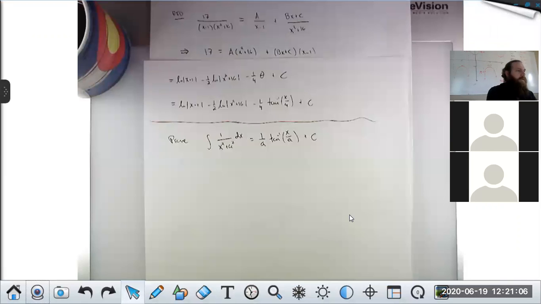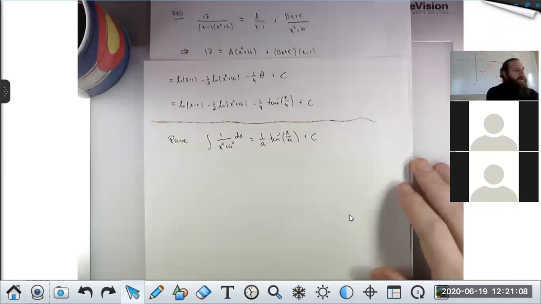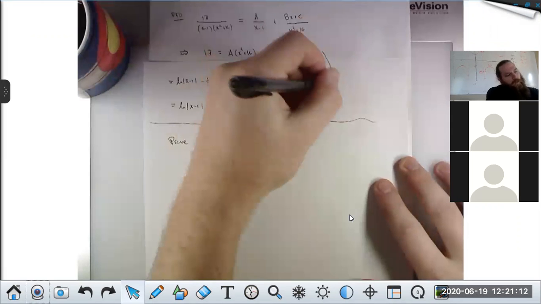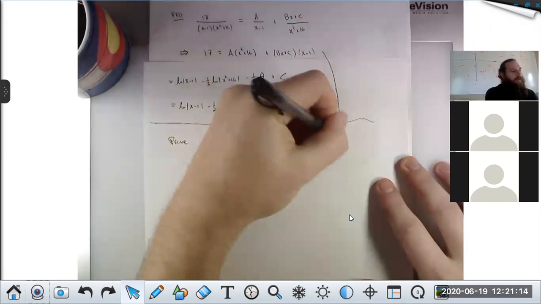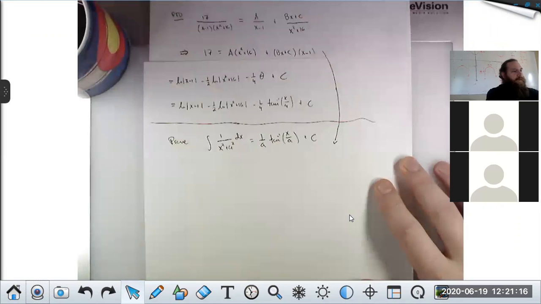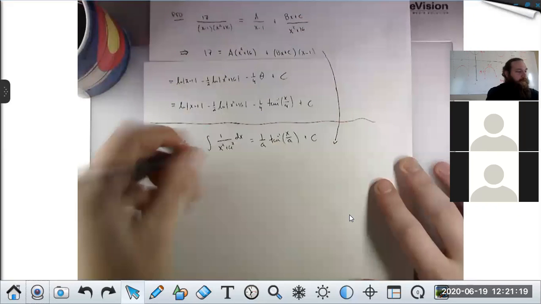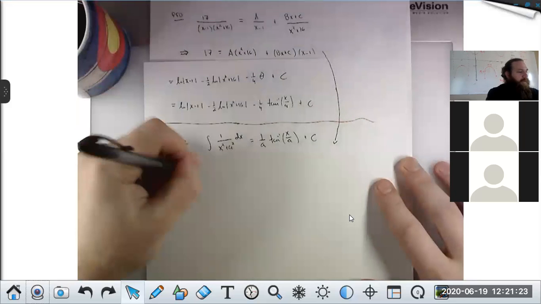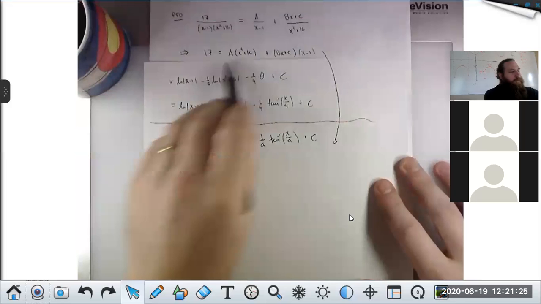So for those who are having a little bit of a hard time with the coefficients, I want to take this line here and show you the standard approach, right? So what we did there was a trick. The standard approach that would allow you to find these coefficients, no Heaviside trick, no nothing. You take your 17 equals, and then multiply everything out.